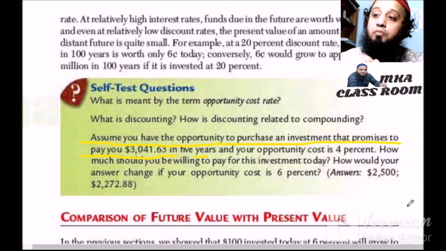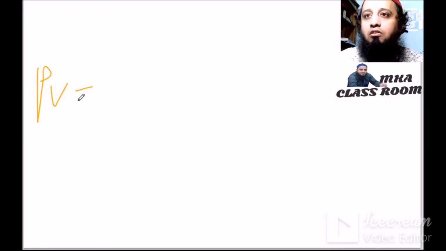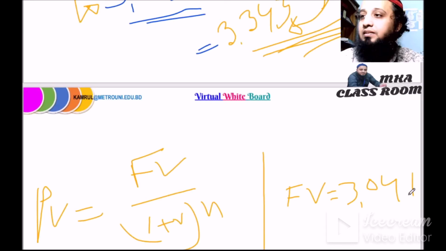You have to calculate the present value, PV equal to FV divided by 1 plus R power n. So, here is the given information. In future value, you are given 3041.63. Rate of interest 4%, R equal to 4%, and number of period equal to 5.